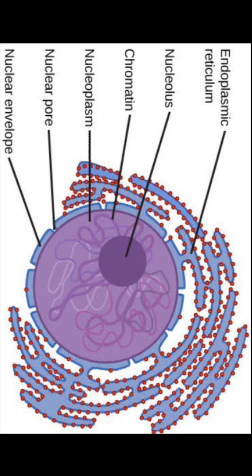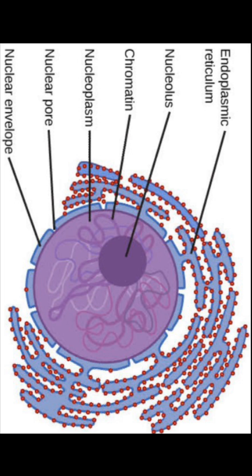Next, what is the role of these nuclear pores, which are formed by the fusion of the two membranes? Both the inner and outer nuclear membranes fuse together at some intervals of the nuclear envelope and form small pores. Those pores are called nuclear pores.